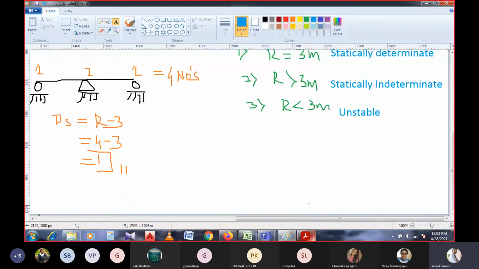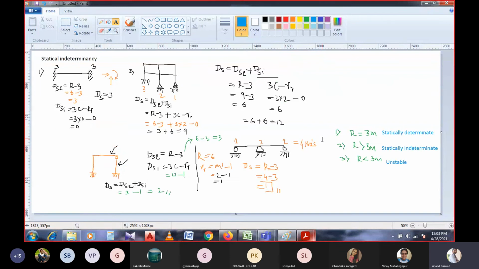So now, is this visible? The fonts are getting small, but I think it is visible. If you consider this structure, we have 3 members over here and 6 reactions. Which condition is going to be satisfied for this structure? Reactions are 6 and 3m will be 9.